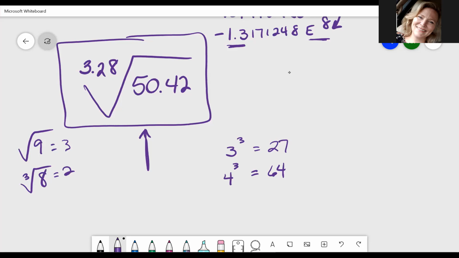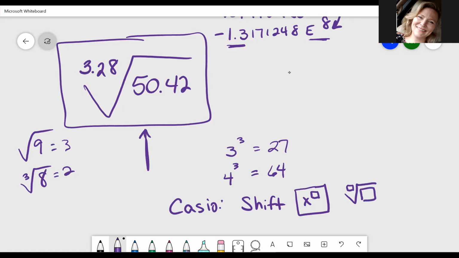Now the note that I have for a Casio: with a Casio, I would know that you hit shift and you've got a key that looks like this. Above that key there should be a picture that looks like this. You're hitting the shift, and that's going to activate what's above that key.